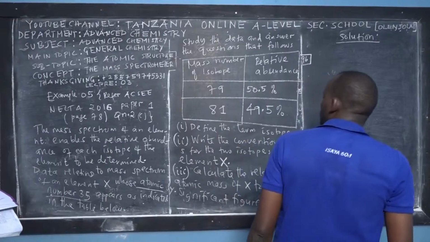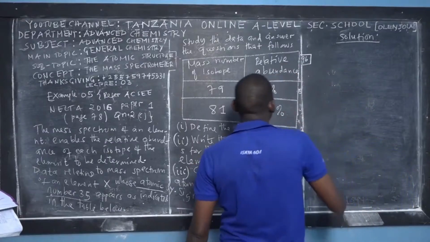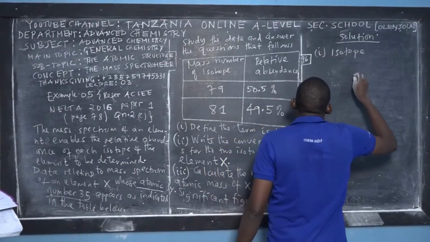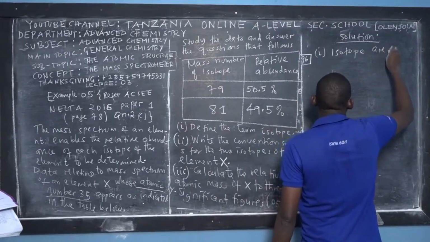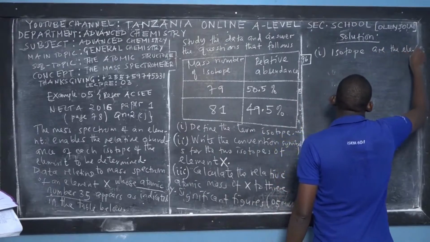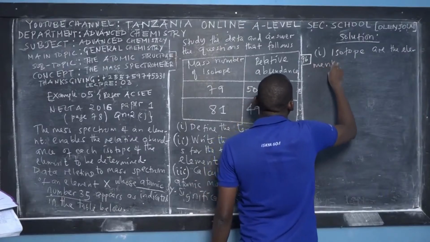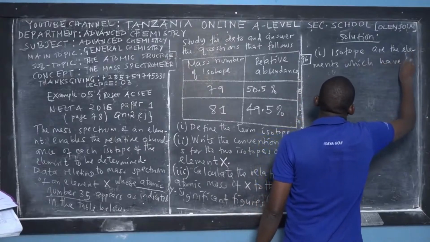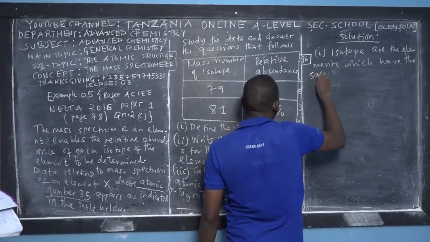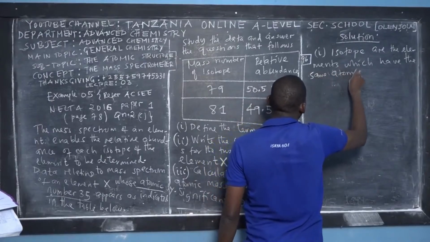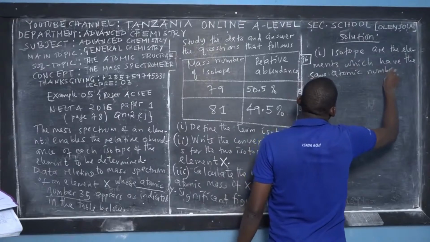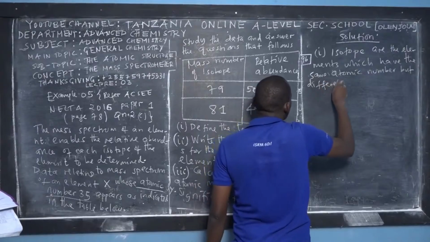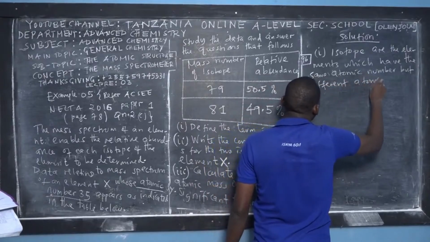So, the solution. We have to first define the term isotope. The term isotope is not new in your life of chemistry. Isotopes are the elements which have the same atomic number but different atomic masses.